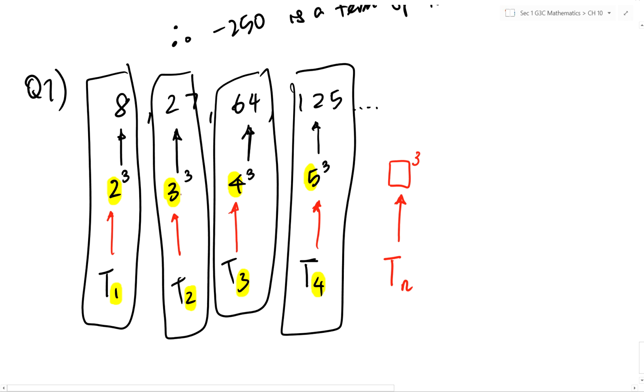From 2, you get 3. 3, you get 4. 4, you get 5. So we see the pattern over here. Whatever is the term number, we just plus 1 and cube the value. So this is n, then inside this blank must be n plus 1. And this is my general term. Question 7 done.